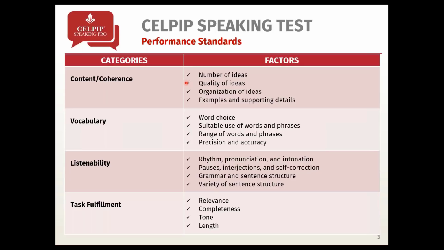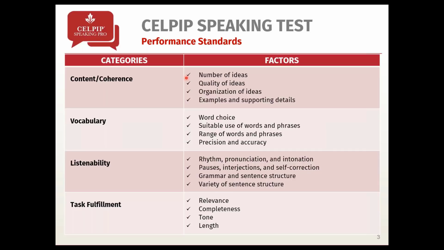And you need to choose the strongest ideas to talk about and then develop those ideas with examples, descriptive details, anything you can think of that helps us understand why this idea is relevant.